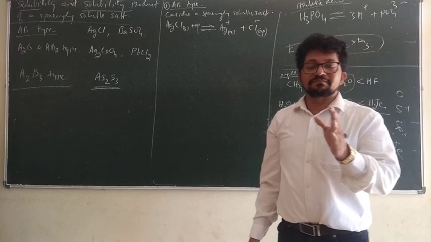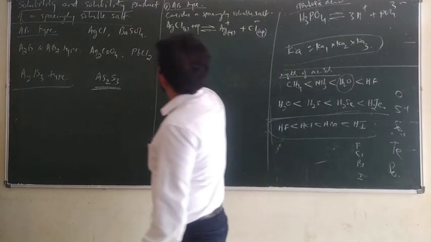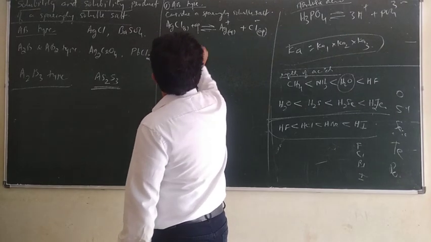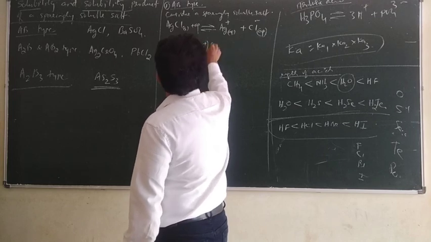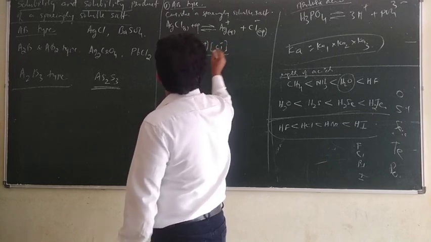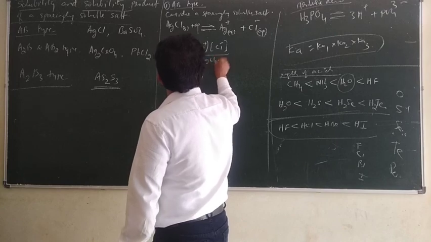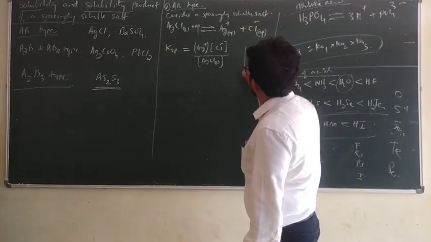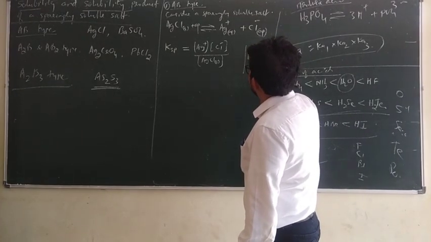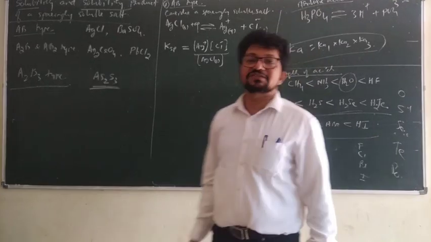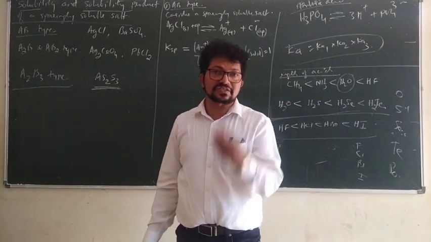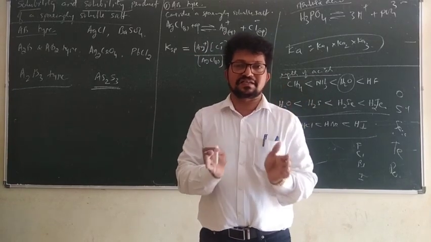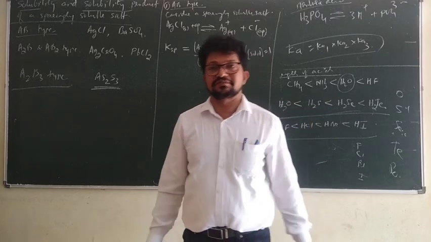So as usual, how do you write Ksp, the solubility product, the equilibrium constant? Ag plus concentration, Cl minus concentration divided by AgCl solid concentration. By convention, I already told you, solid concentration is unity. It is undissolved, which establishes equilibrium with the ions that are soluble in the saturated solution.